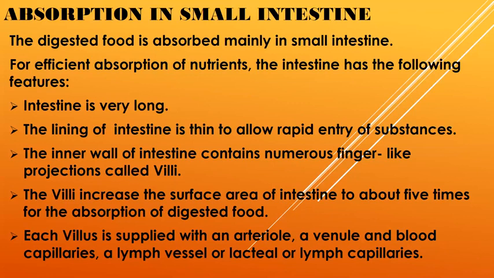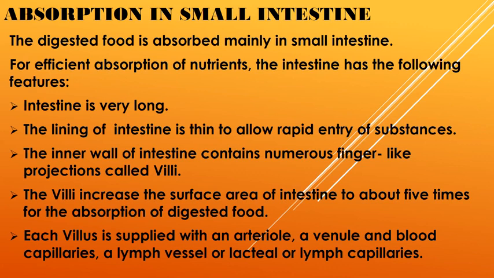The lining of the intestine is thin to allow rapid entry of substances. The inner wall of the intestine contains numerous finger-like projections called villi. The villi increase the surface area of the intestine to about 5 times for the absorption of digested food.